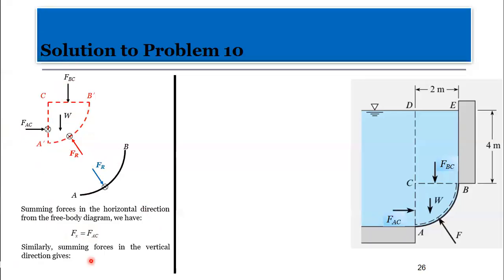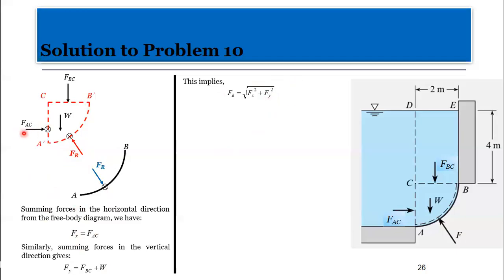So Fy is equal to FBC plus W. Now I have horizontal and vertical forces. How do I find the resultant? The resultant, FR, if you apply Pythagoras, will be the square root of Fx squared plus Fy squared.